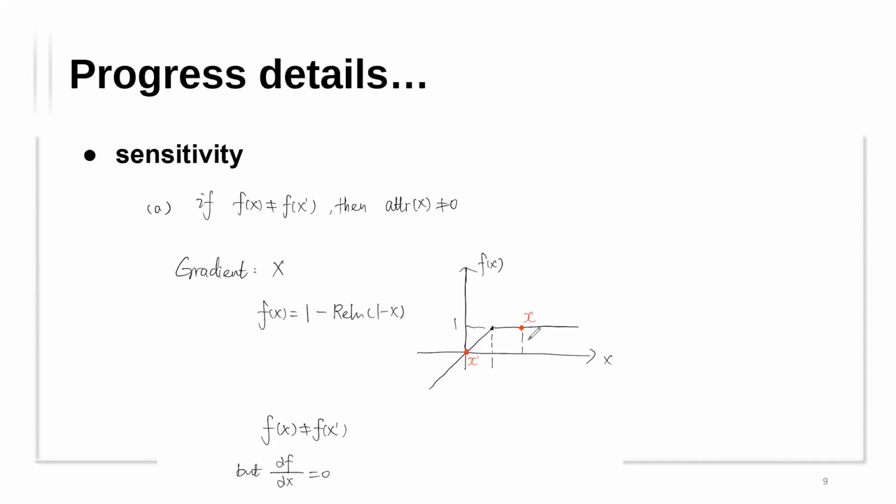So let's assume there's a straight line between x and x prime baseline, and what they do is for each dot in this line, they calculate the gradient for each dot and sum them up. So you are using the integration operation.